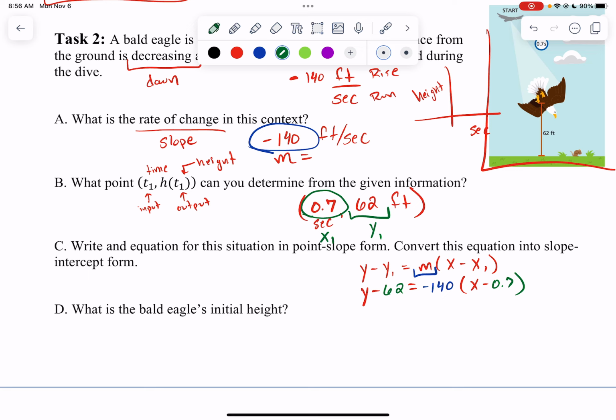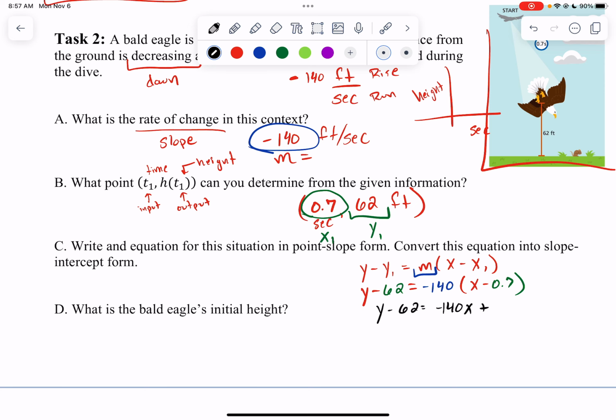So there I've got my equation, but I'm going to rewrite this because I want to simplify it a bit. I can distribute this negative 140 in. So I have y minus 62 equals negative 140x. A negative times a negative is positive.